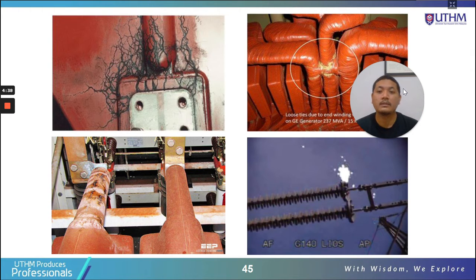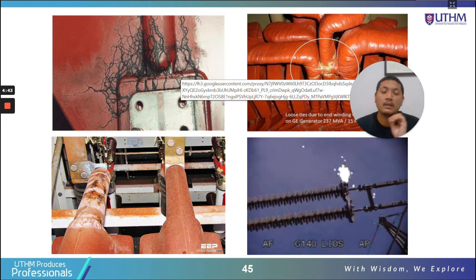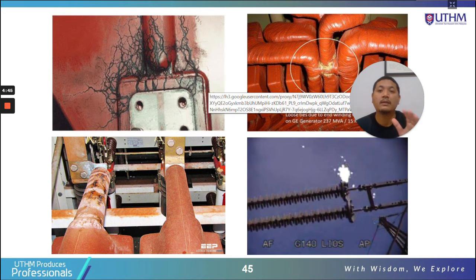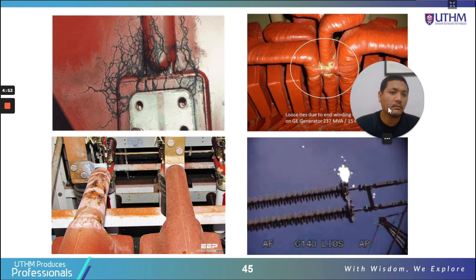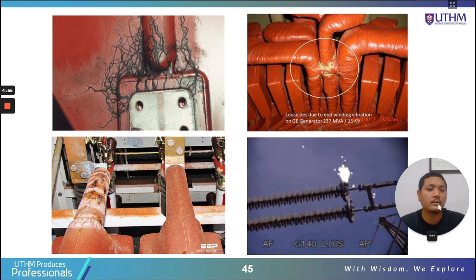As an example here we have several pictures. This is electrical tracking, treeing. Basically partial discharge happens on the surface of the insulation. On the top right side we have surface discharge on the unwinding, happening on the stator winding of a generator.